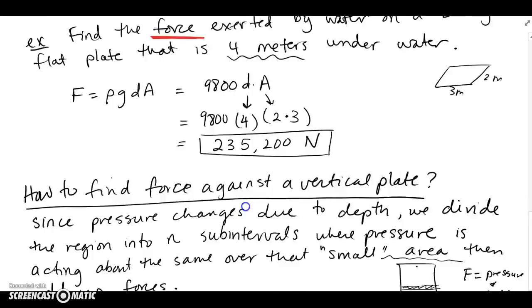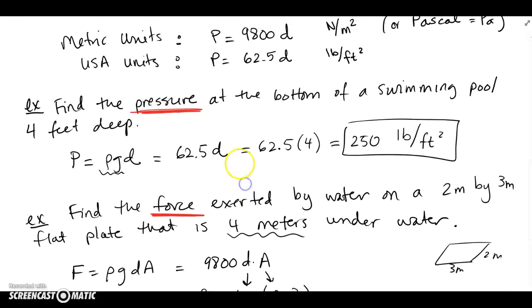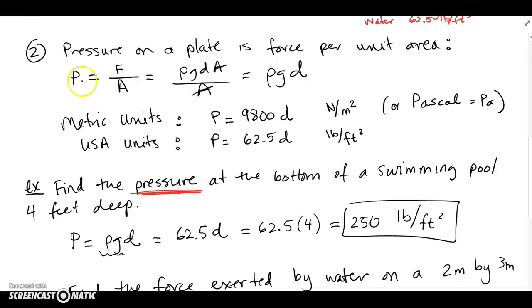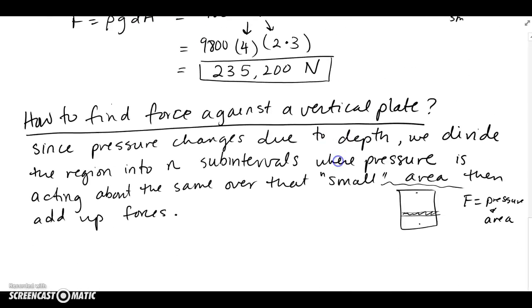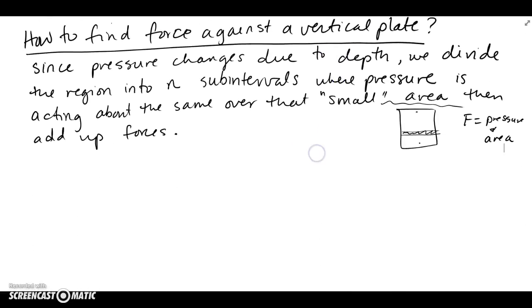Remember, let's go back up, that pressure is defined as force per unit of area, so force is really thought of as pressure times area, if we just multiply both sides by A. So since the force will depend on pressure times area, and pressure changes whether you're looking at a piece up here or down here, we cut it in small regions, and then we just add up the forces vertically.